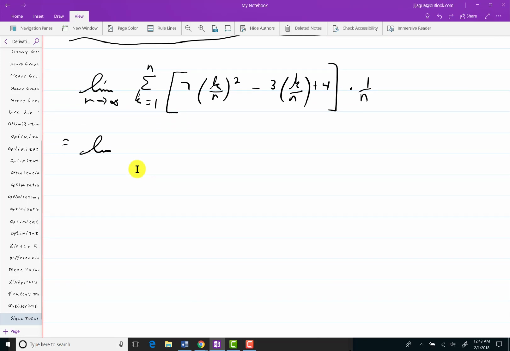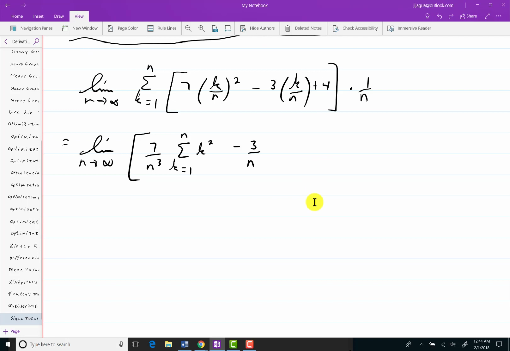The limit as n goes to infinity, brackets, 7 over n cubed times the sum k equals 1 to n of k squared. I'm doing everything in one shot. See if you can follow along.